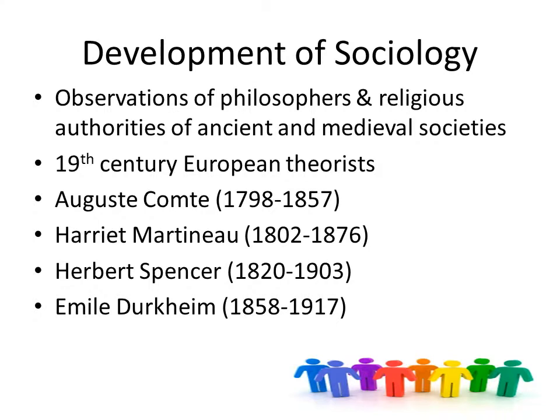Emile Durkheim was one of the first sociology professors in France. He believed that human behavior must be understood within a larger social context, not just in individualistic terms. He coined the term anomie, which typically happens during a significant social change.